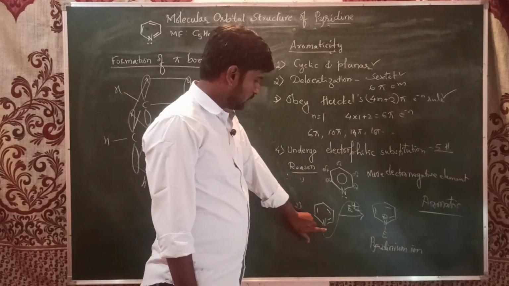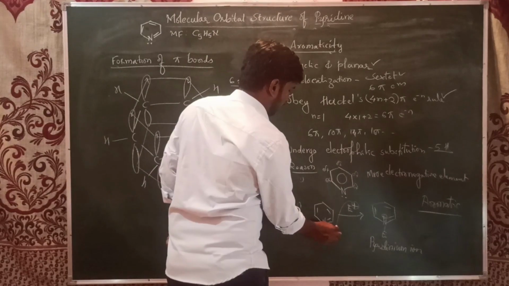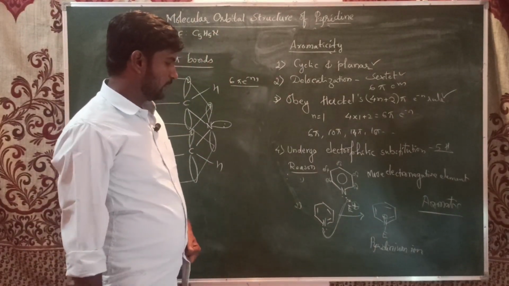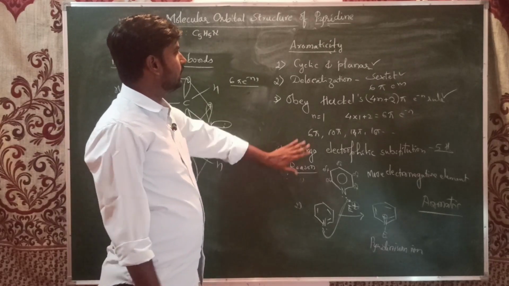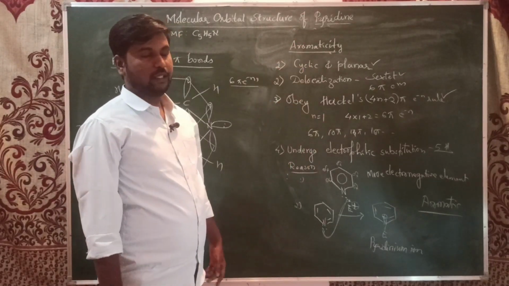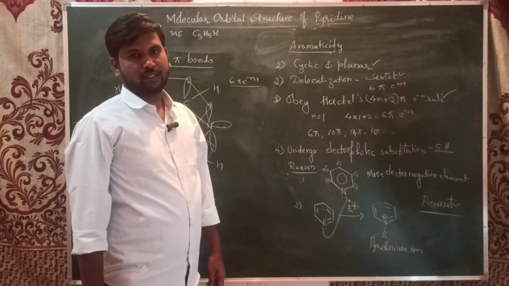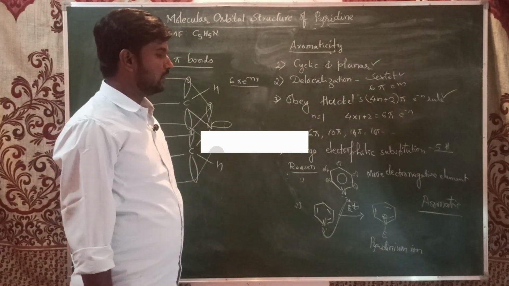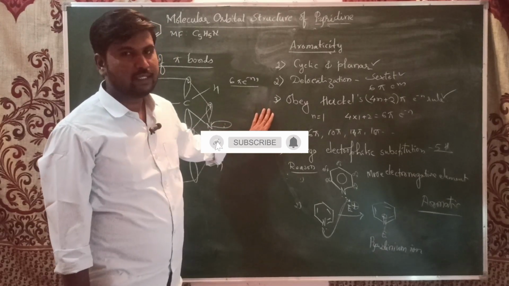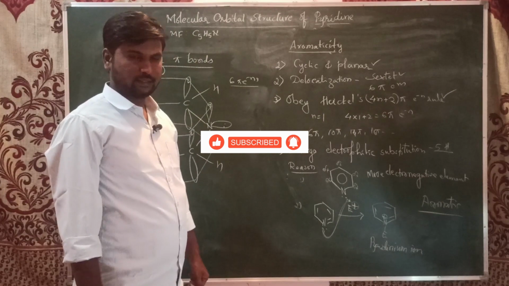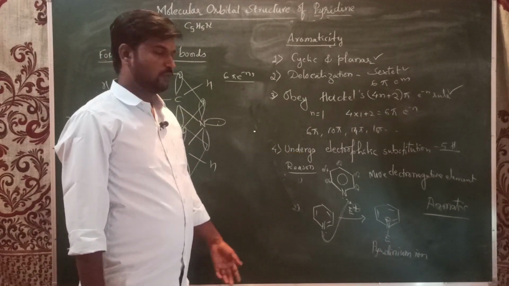The arrow mark should be towards the positive charge. So these two reasons make pyridine less reactive towards electrophilic substitution reaction. This is about the aromaticity, but pyridine is completely aromatic, though it has some difficulties in the electrophilic substitution reactions.